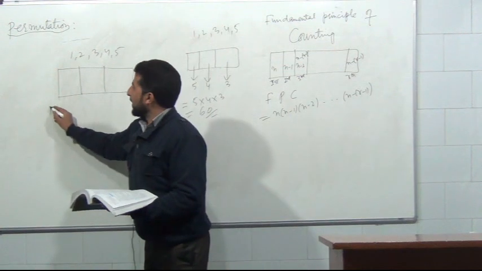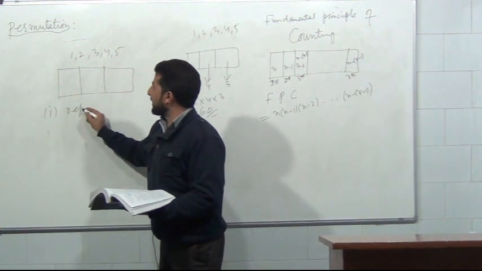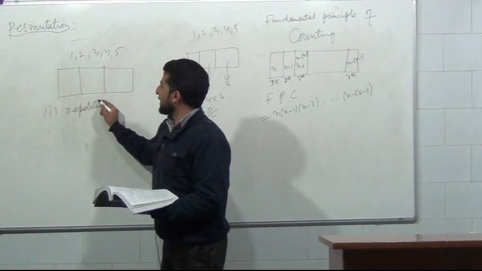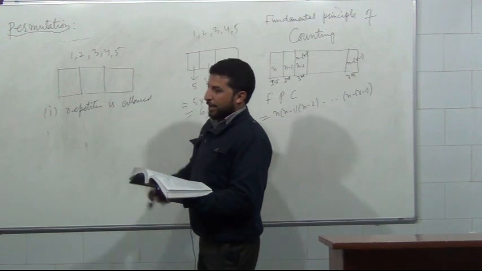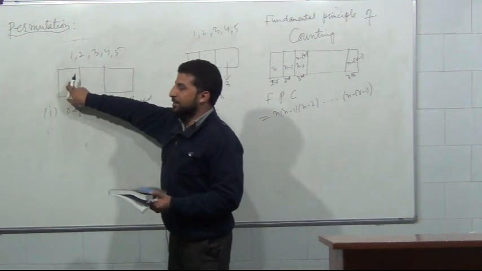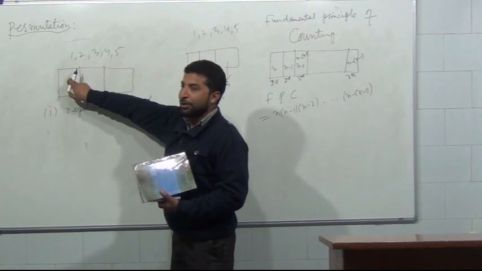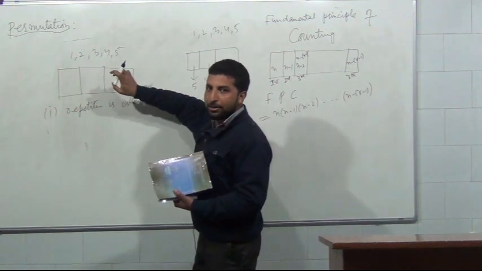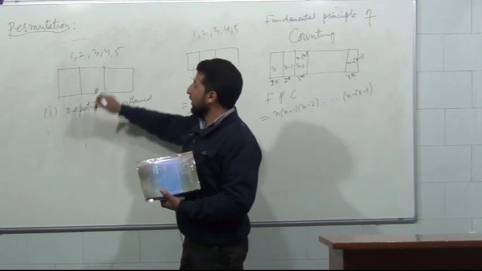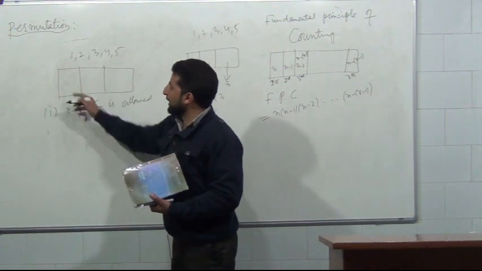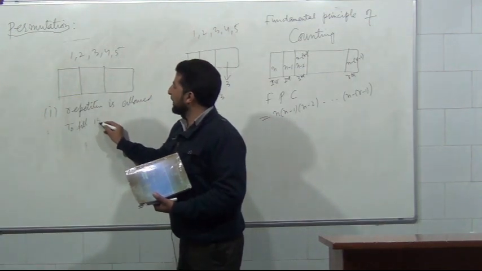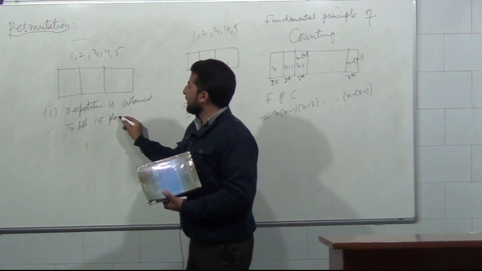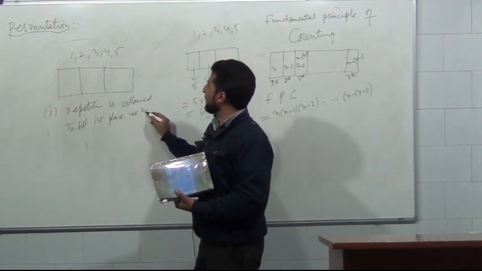First part is repetition allowed. Whenever repetition is allowed, that means if you have filled 1 in this place, and 2 at this place, you can fill 2 here also and this place also. Whenever repetition is allowed, to fill the first place, we have how many?